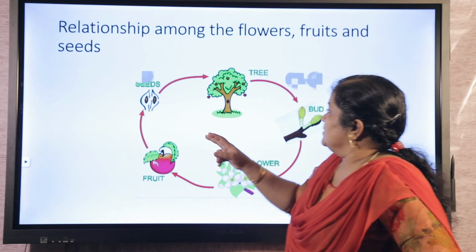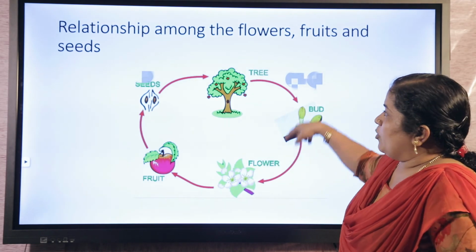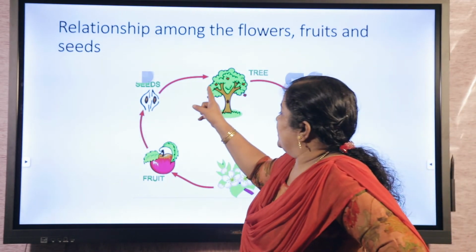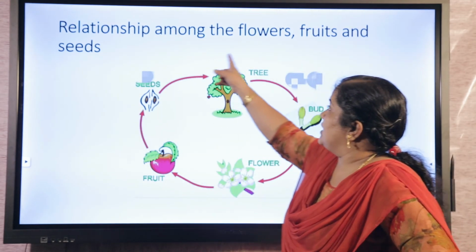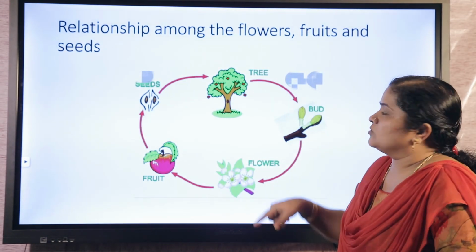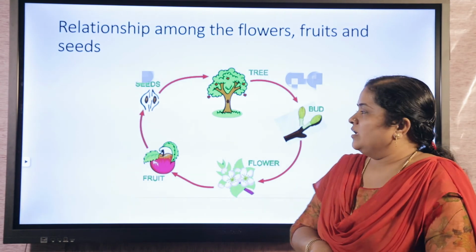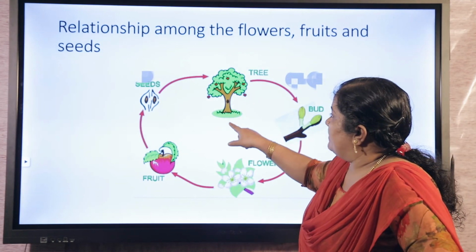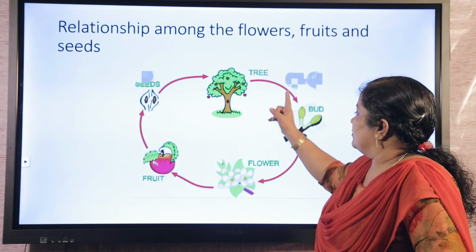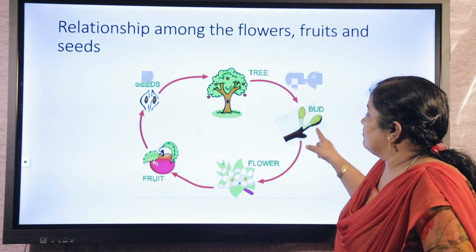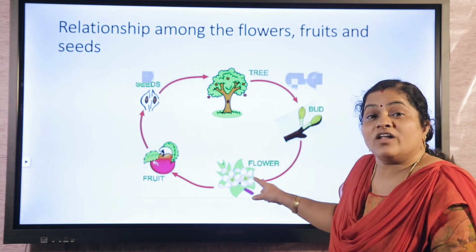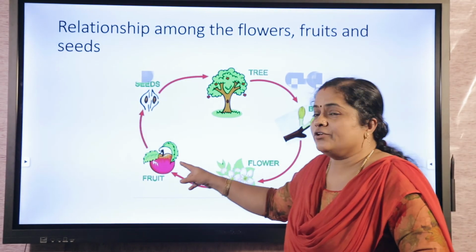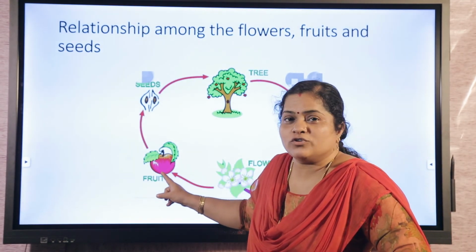Okay. Then our last topic, the relationship among the flowers, fruits and seeds. This is an apple tree. From that apple tree, what is this? Buds. Buds grow into flower. This flower grows into fruit, apple.